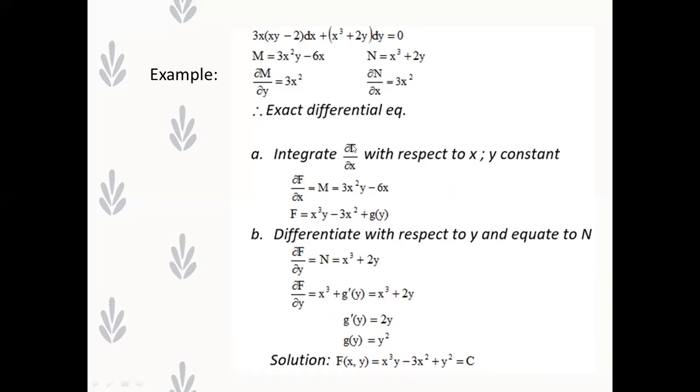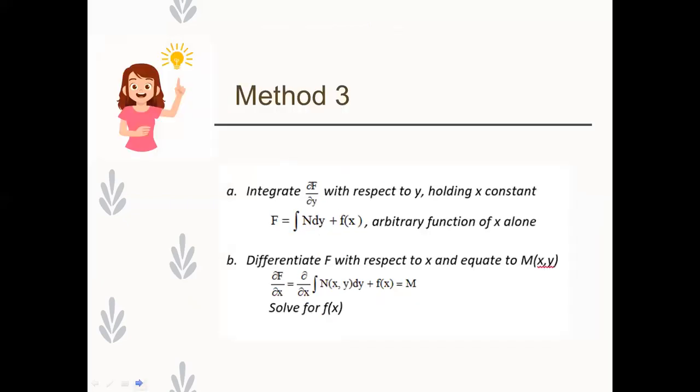Method 3, class, in principle is comparable to method 2, only that we don't integrate the partial derivative of f with respect to x, but the partial derivative of f with respect to y. But in principle, what is used is exactly the same as method 2.